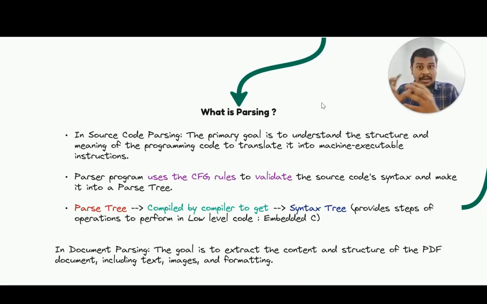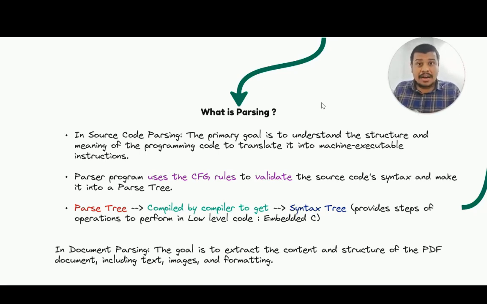So this parser program, using the context-free grammar rules, is creating the parse tree. This parse tree has all of the information for the compiler to understand what each and every string stands for. And after understanding what each and every string stands for, again, the compiler takes in this whole parse tree and then comes up with the syntax tree.